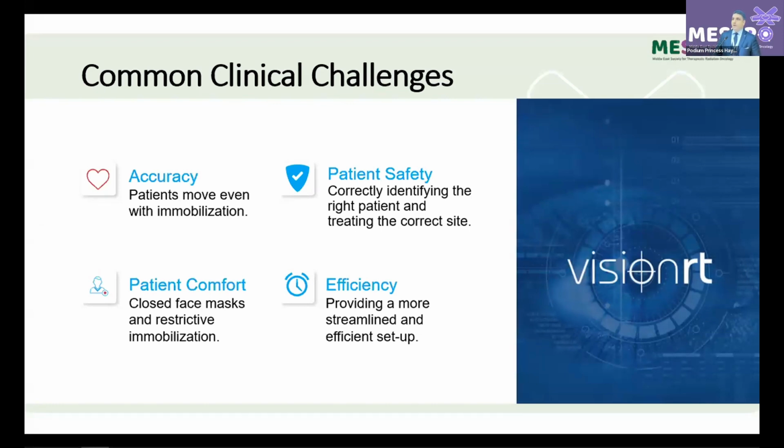With modern radiotherapy, with decreased PTV margins and an increased amount of imaging, we really think about the accuracy of delivering radiotherapy, patient safety, whether we are still getting the tumor, whether we are delivering sufficient dose to the tumor and sparing organs at risk, and whether we are doing this with increased patient comfort and time efficiency, delivering the treatment in a timely manner to reduce the likelihood of intrafraction motion of the patient on the table.